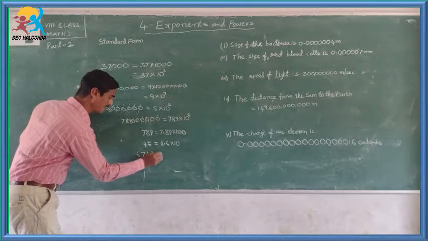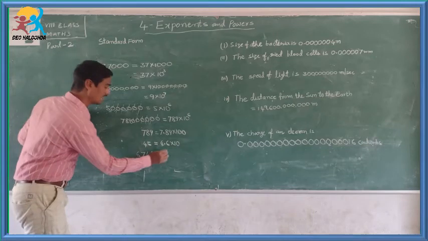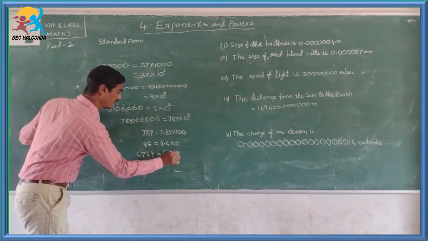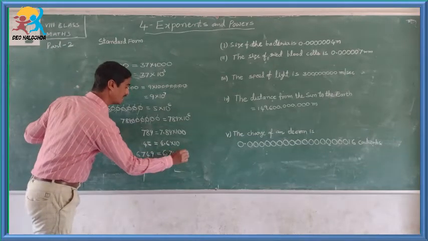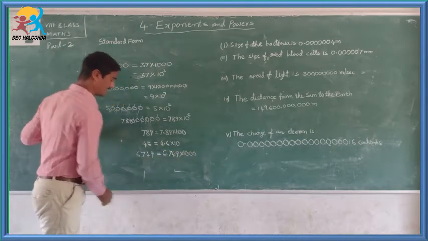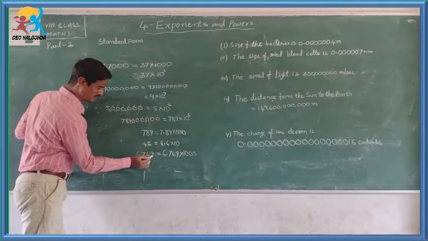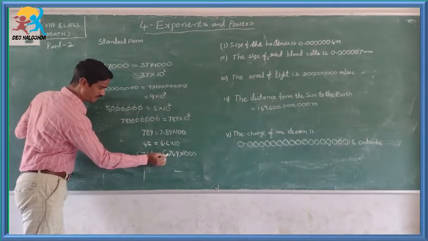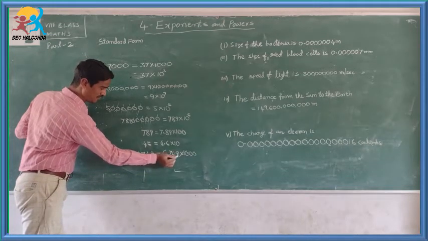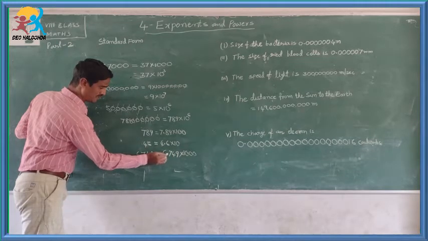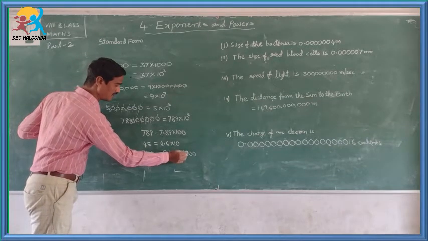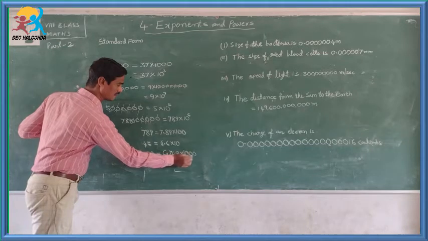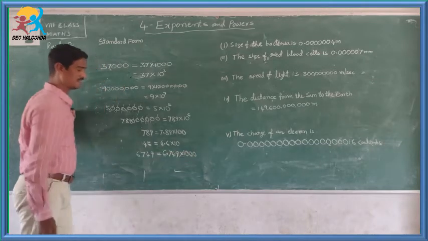6,749 can be written as 6.749 into how much? 1000. Why? Here there are 3 digits after the point. From right to left, 1, 2, 3, 3 after the decimal point. So we have to multiply by 1 after 3 zeros.